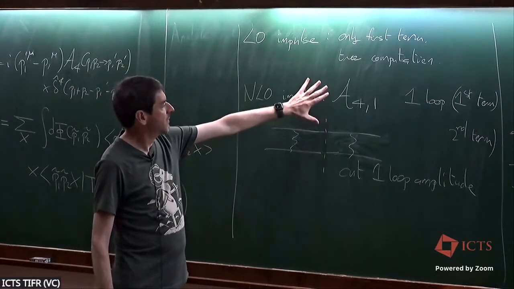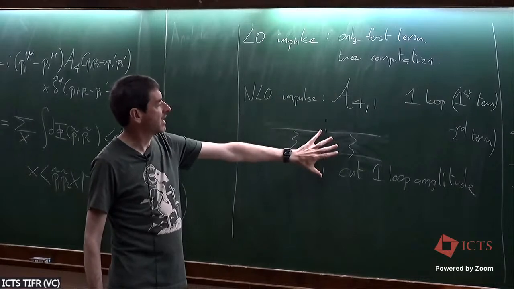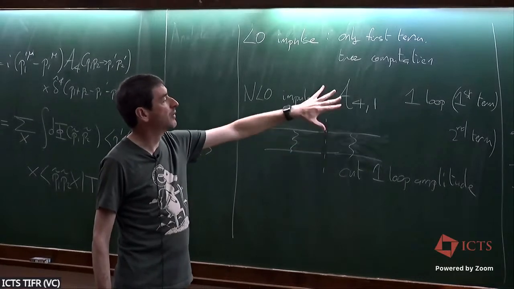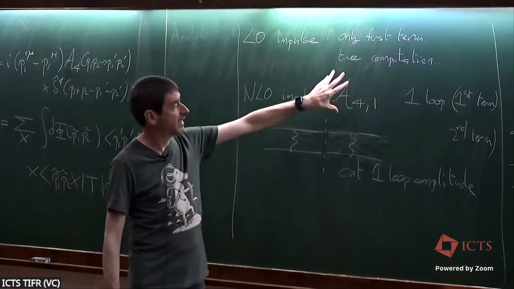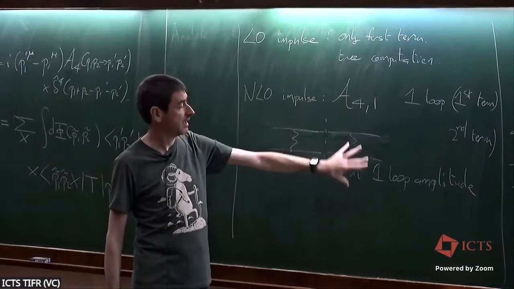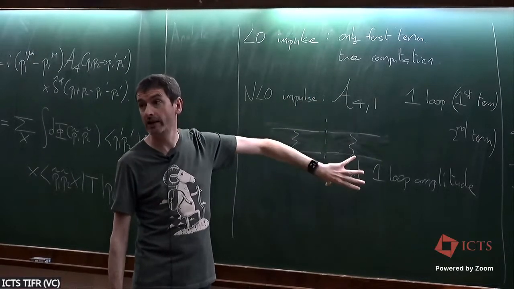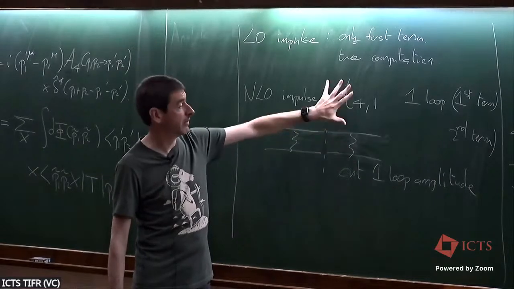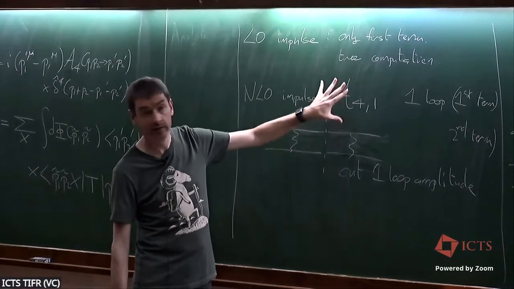So the basic story is that this next to leading order impulse is computed ultimately by a 4.1 loop amplitude, on this object here, which you can actually extract from a 4.1 loop amplitude. So ultimately, it's all a 4.1 loop computation.